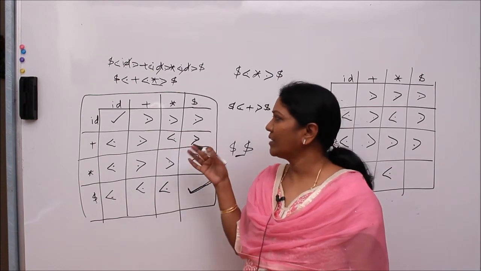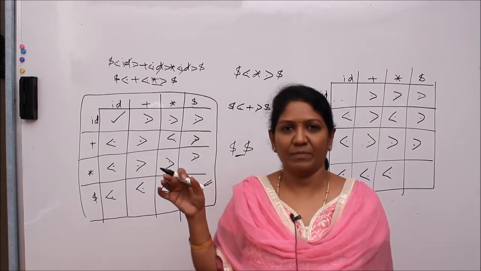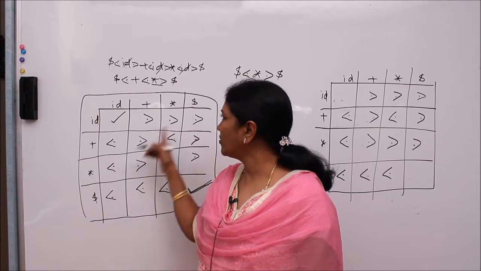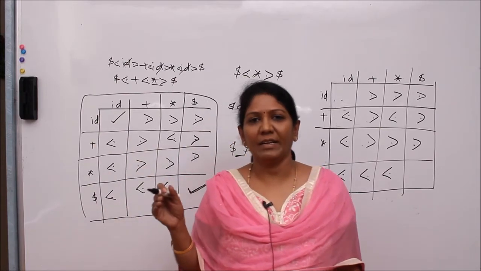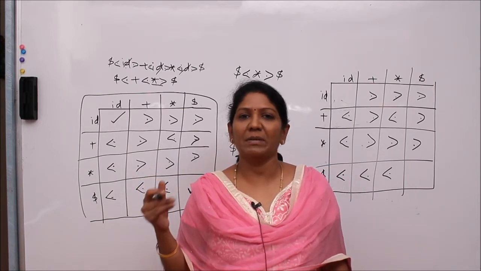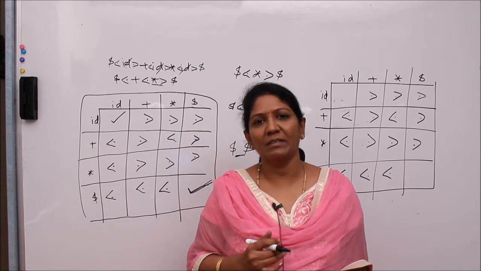If the operators are more, it occupies more space. That's why generally the precedence relation table is not stored as an array like this. Instead, it is reduced into a simple table called the precedence function table. So let us see what this precedence function table is.